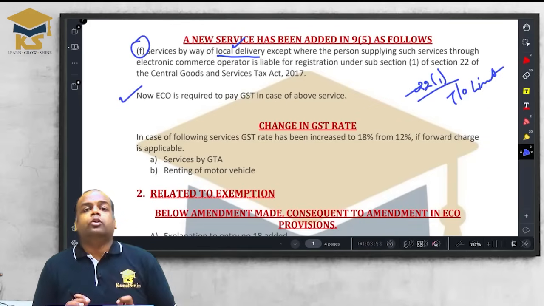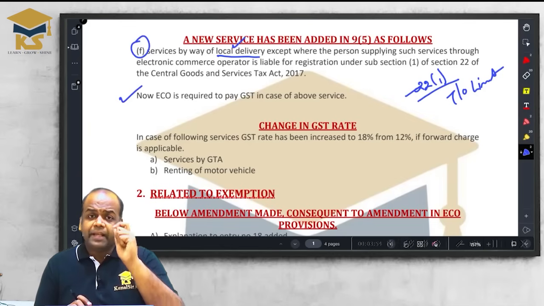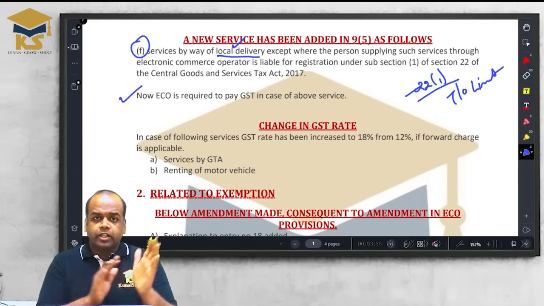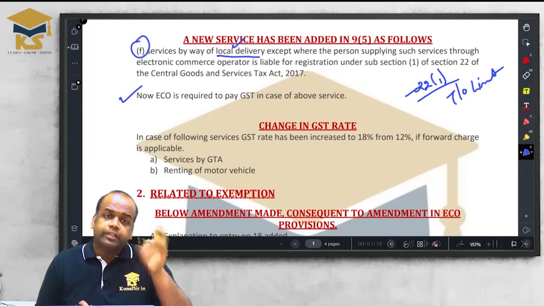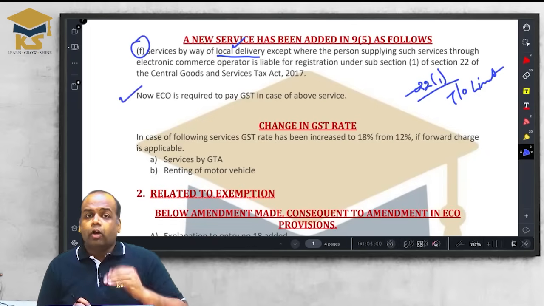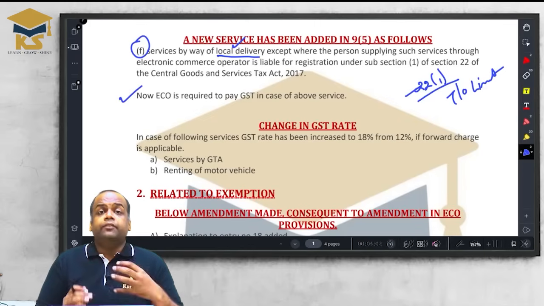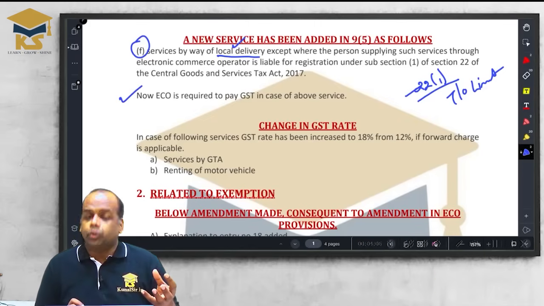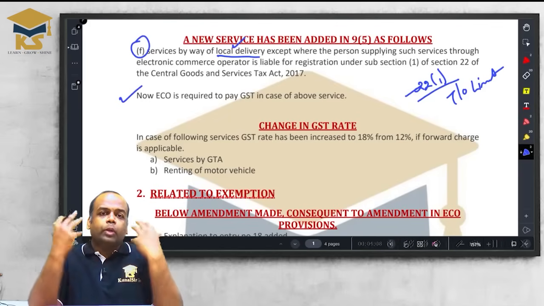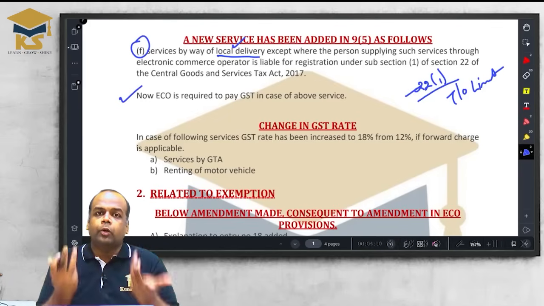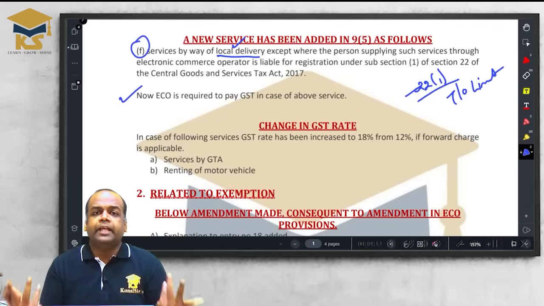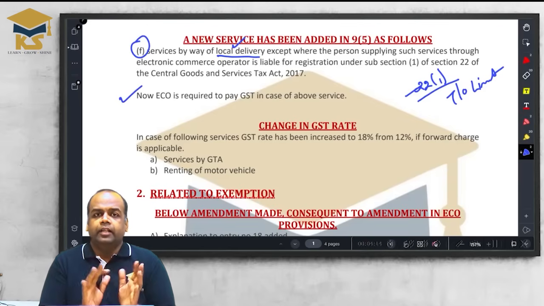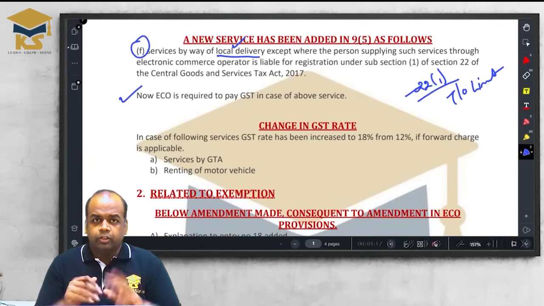Like in case of services by GTA, reverse charge is applicable and the rate of tax on reverse charge is 5%. Now, till January 26, if GTA opts for forward charge, the rate was 12%, but now the 12% slab has been deleted by the government. There is no 12% slab, so automatically 18%, but it has to be changed in the law also now.